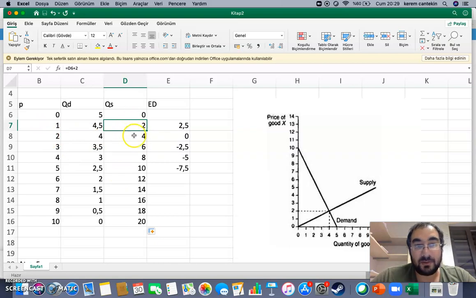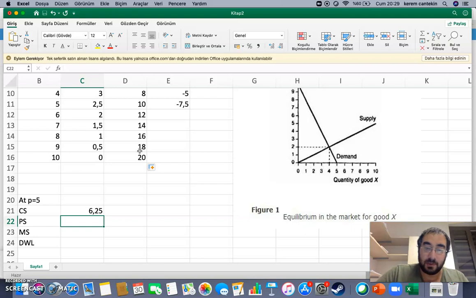If you increase the quantity supplied by 0.5 unit, the price should be increased by 0.25 units. So it will make 1.25. And since we have a linear supply, you can be sure that the quantity and price increase proportionally.